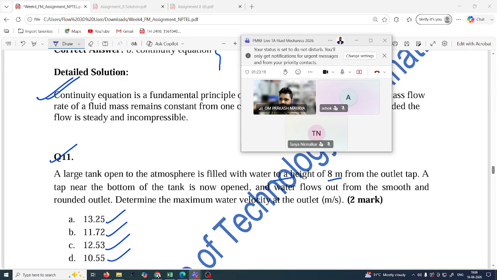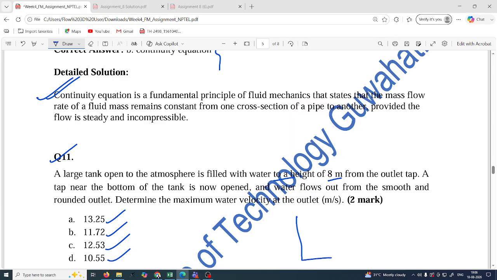The question is, large tank means you can assume like that, and open to atmosphere means it is free, not closed at the top, no cover, and the water height is 8 meter from the outlet tap.